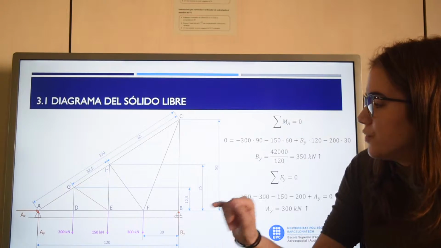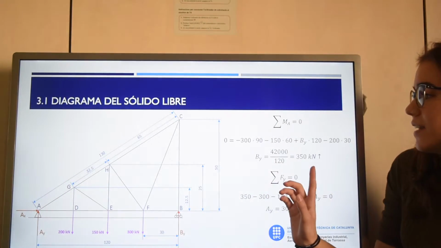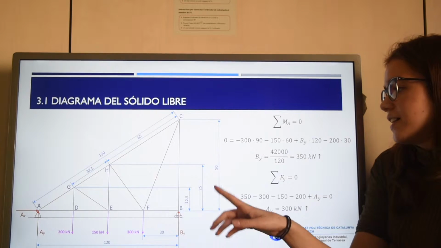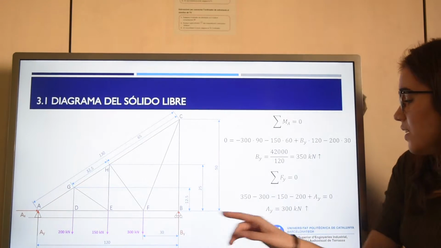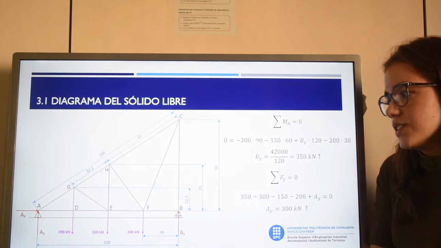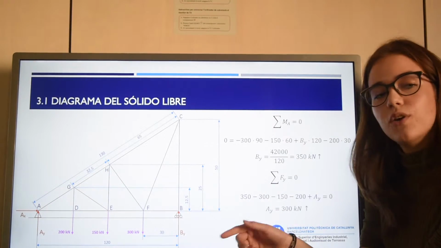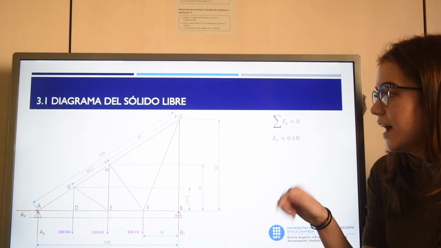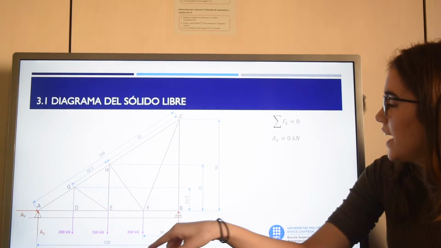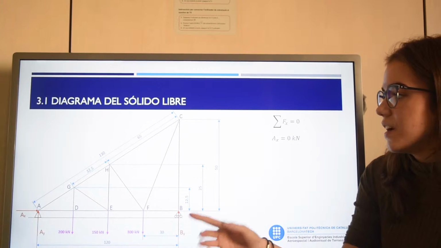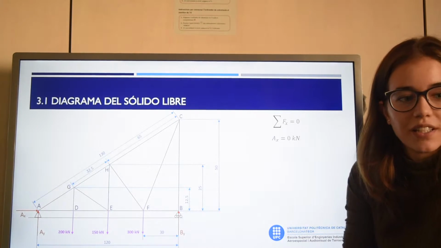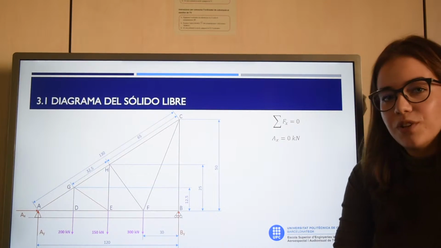By doing the summation of forces on the vertical axis, you can see that the value of Ay is 300 kilonewtons. And finally, by doing the same with the summation of the horizontal forces, you can see that the value of Ax is equal to 0, since there are no other horizontal forces affecting this point.